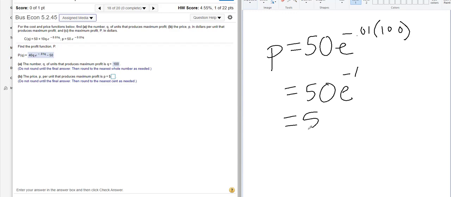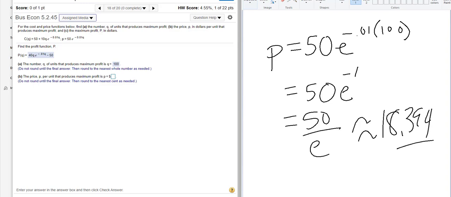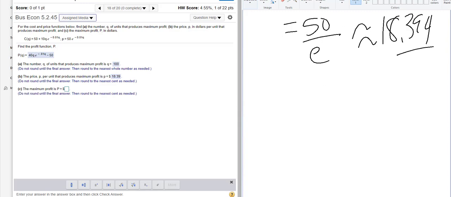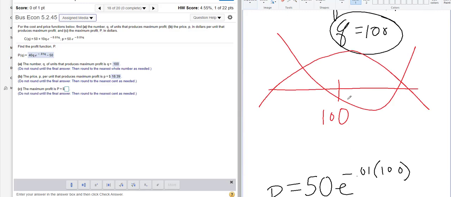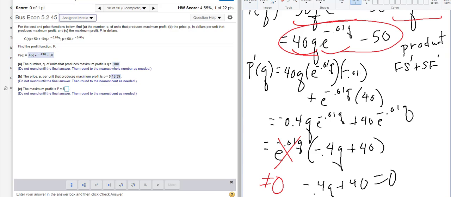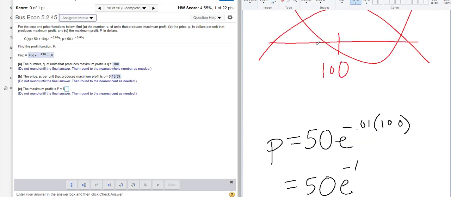So that's 50 divided by e is about 18.394. Now, they want it to the nearest cent, so that's going to be $18.39.